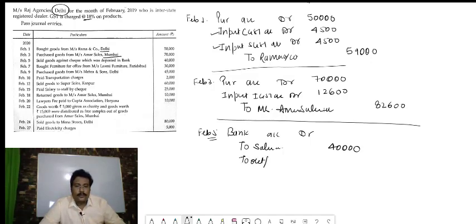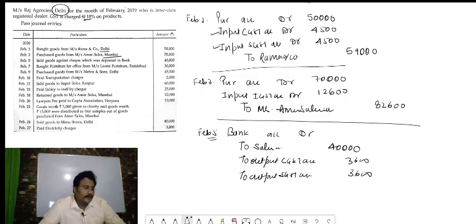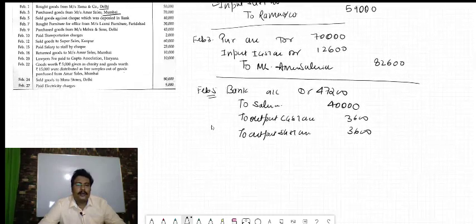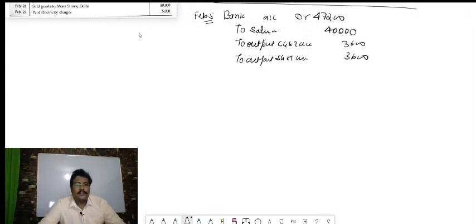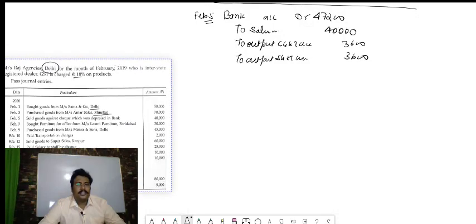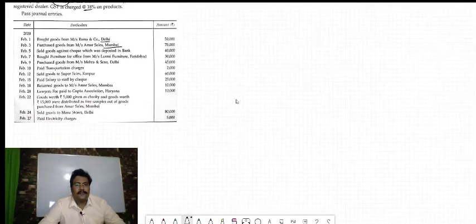So to output CGST account, to output SGST account, and on 40,000, 18% comes to 3,600 each. So the total cash we receive is 47,200. Now guys, we will proceed to the next transaction after February 5.